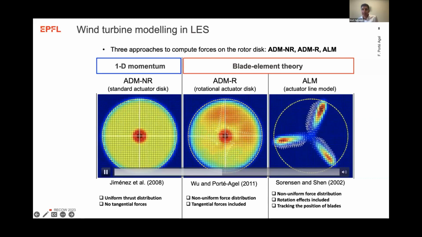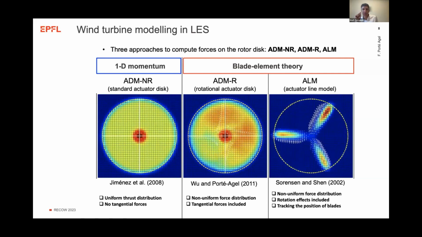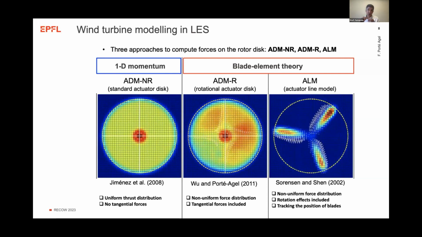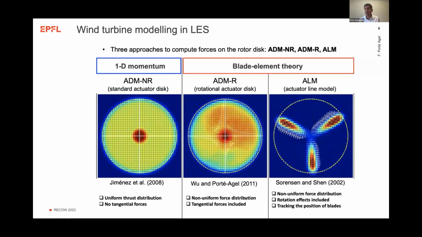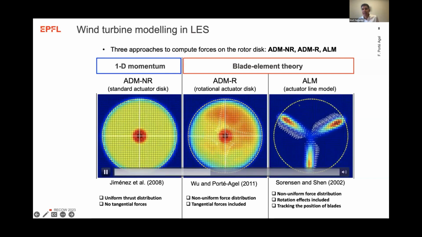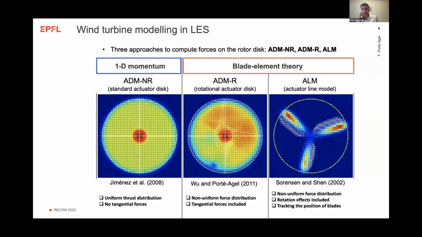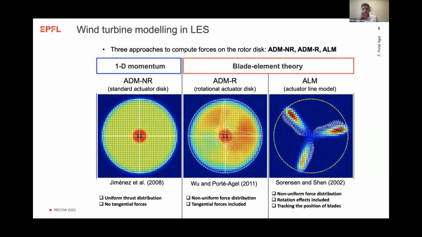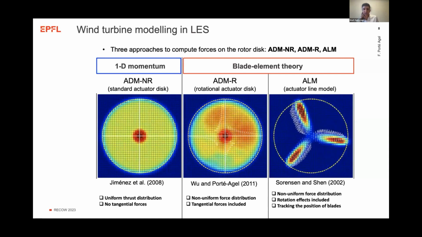The other one is the actuator line model, where you use the same technique to calculate forces, blade element theory, but the forces are only applied along the lines, or around the lines, that represent where the blades are located. Of course, as you can imagine, the actuator line model requires higher resolution, but it can also capture some of the physics, like for example tip vortices and so on, that cannot be captured with the other two.